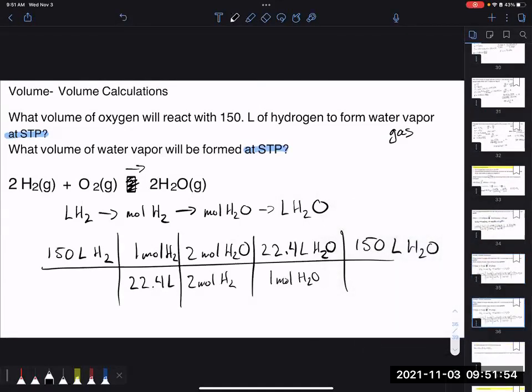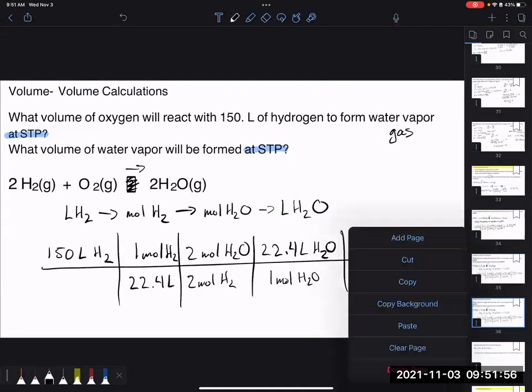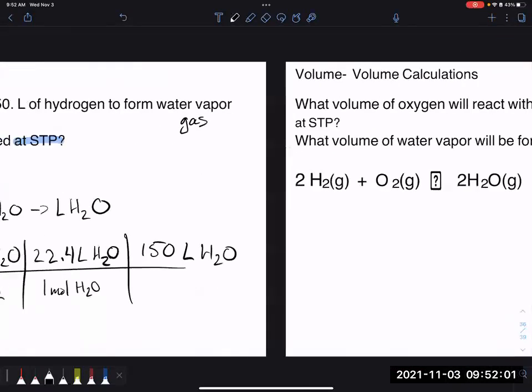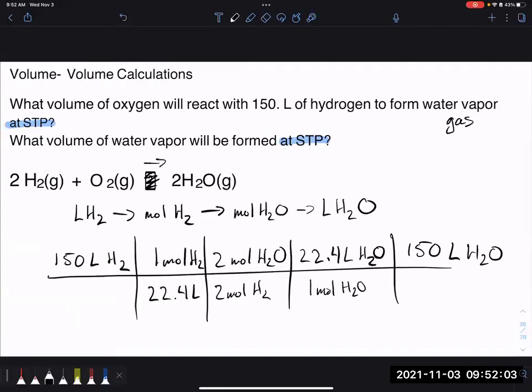I'm going to clear the page. Okay, so we still have that one we did just now. All right, so that's the water vapor. This one is interesting, I think, because we start out with 150 liters of hydrogen and we convert that to moles, but then our mole to mole ratio of hydrogen to water is 2/2, which is the same as 1:1.